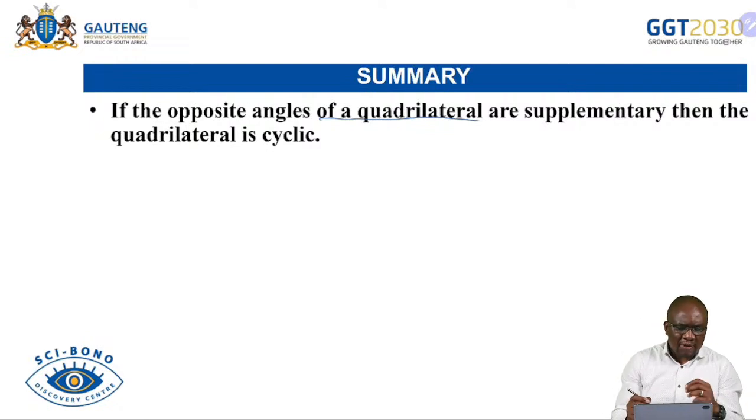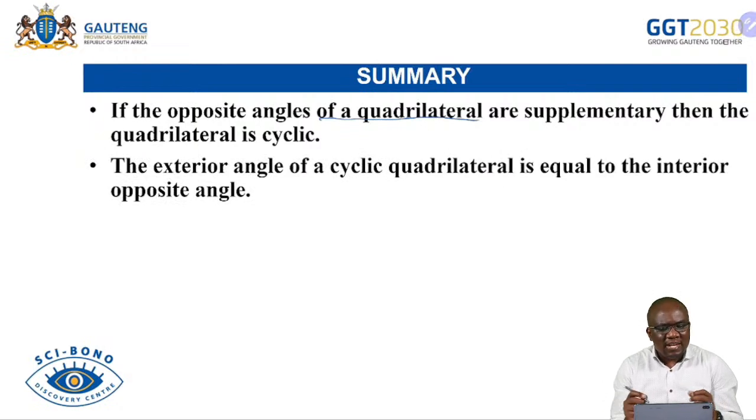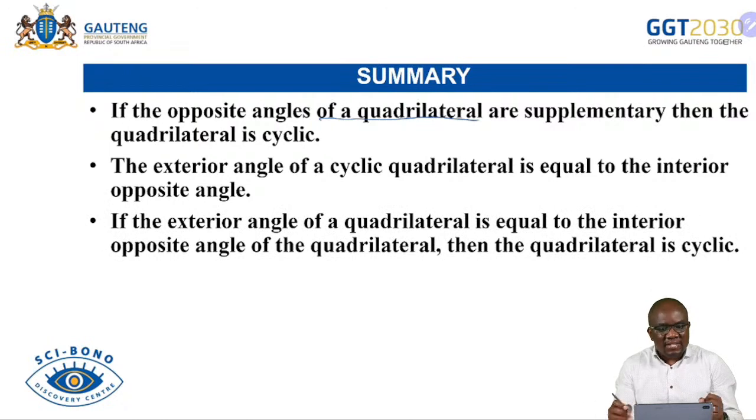Okay, remember that. And then the exterior angle of a cyclic quad is equal to the interior opposite angle of that particular cyclic quad. And then if the exterior angle of a quadrilateral is equal to the interior opposite angle, then the quadrilateral is cyclic. That's the converse. Okay, right.